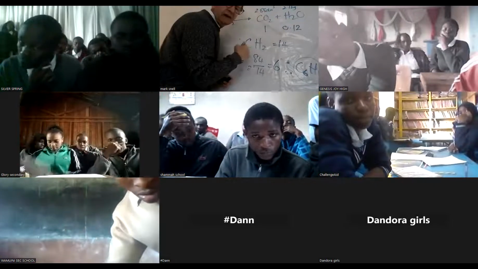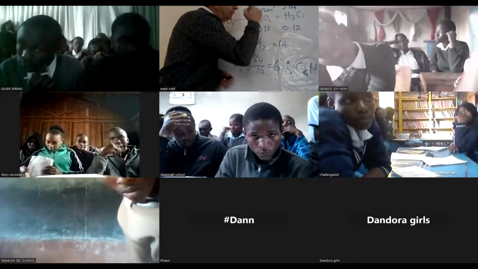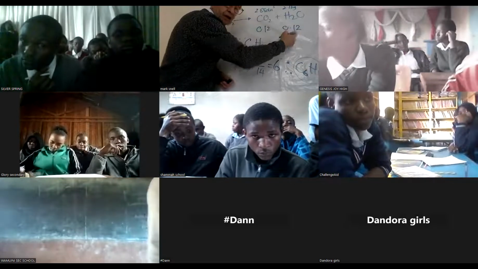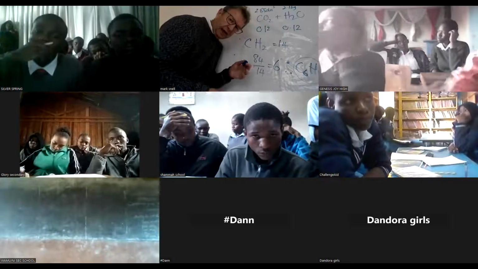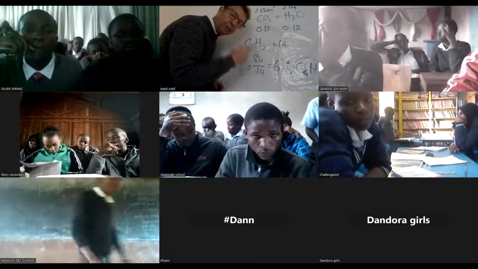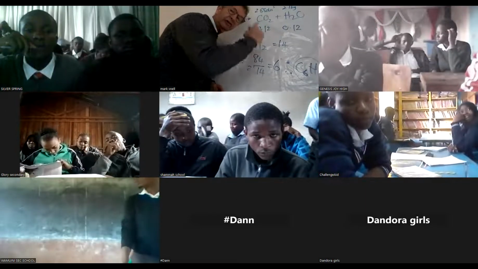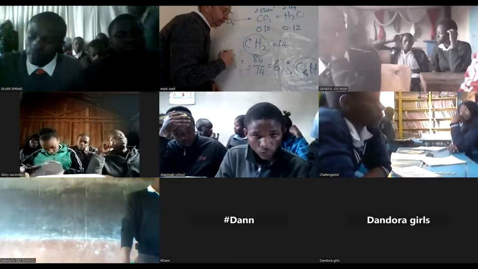And 2.88 divided by 24 is 0.12. That means 1 to 1. But because carbon dioxide contains 1 carbon and H2O contains 2 hydrogens, the empirical formula must have been 1 carbon to 2 hydrogens. That's where we got that.